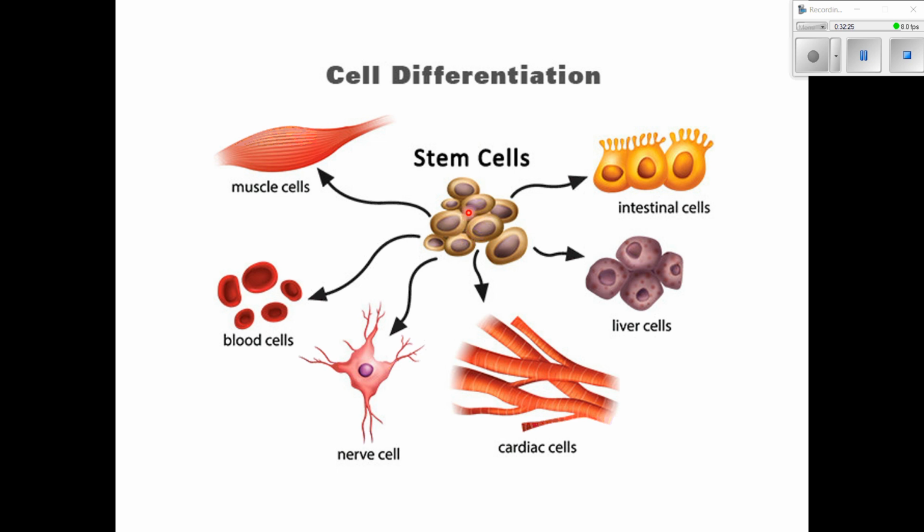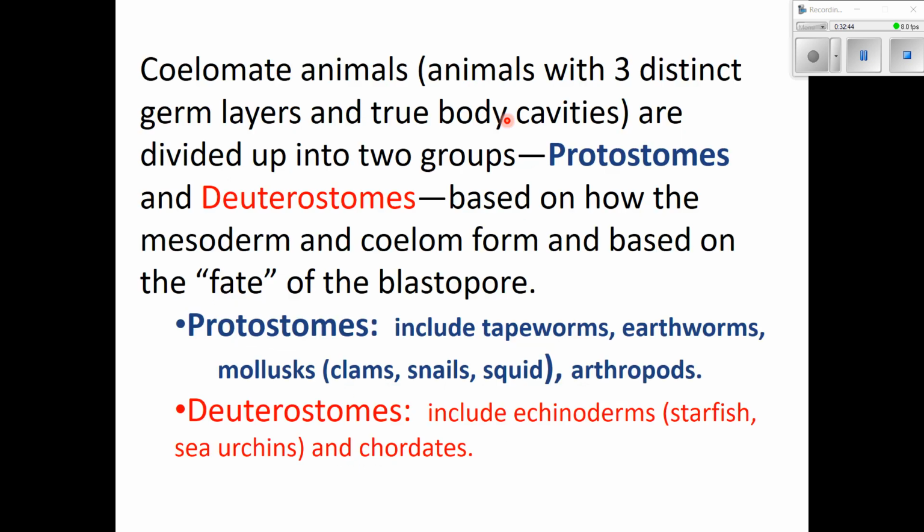But you take those same stem cells and you switch on a different set of genes and you switch off other genes, and now you grow intestinal cells. So this is what we mean by cell differentiation or cell specialization. It very much has to do with the regulation of gene expression. Okay, this probably goes beyond the scope of what you have to know for AP biology, but it's such an interesting thing, and it definitely relates to embryology.